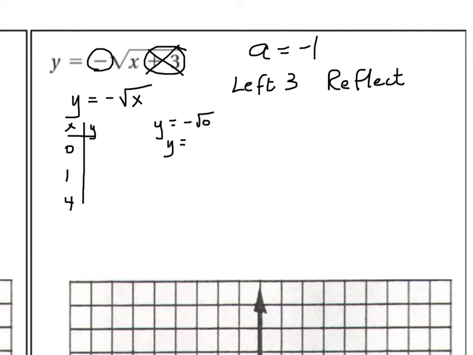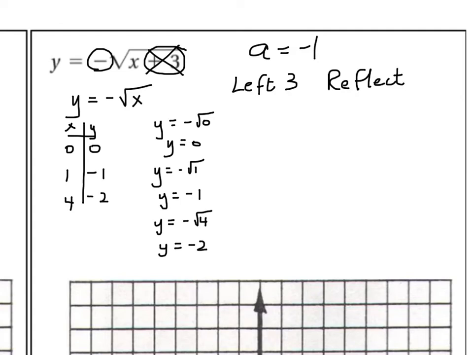Well, that's just still 0. So 0, 0. Y equals the opposite of the square root of 1. Square root of 1 is 1, so y is going to be -1. All I'm doing is substituting in. If I put in 4, the square root of 4 is 2, so y is going to be -2.